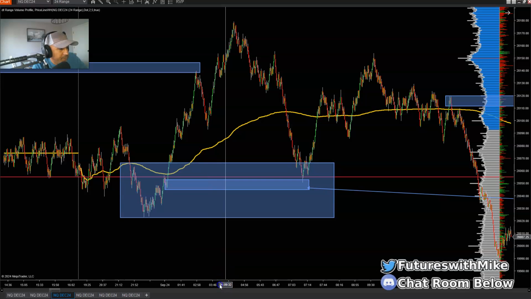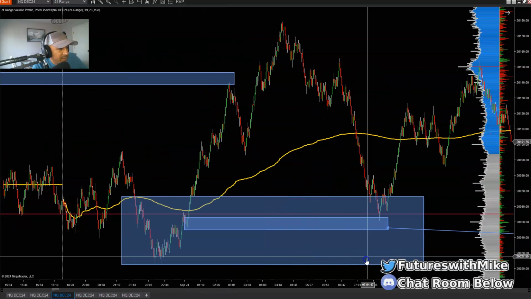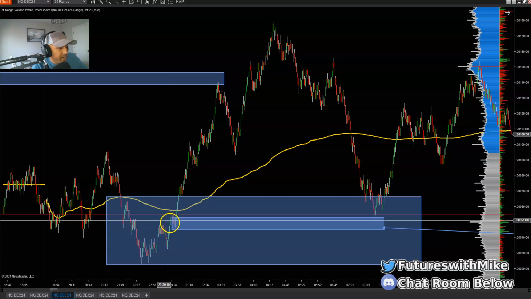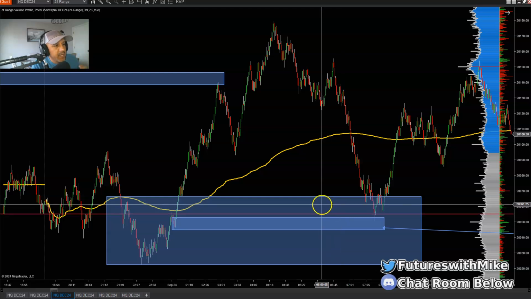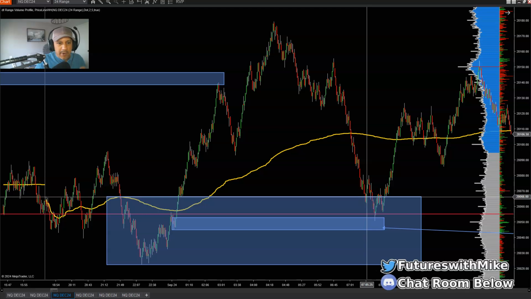So there's actually 2. Let me blow this up for anyone that's having a hard time seeing this. A zone here. So the larger box again is that 120 range, higher base chart, demand zone with the gap at it. Then we're just moving down to a lower base chart, and we're trying to redefine or just kind of zoom in so we can get into a better position, more of a precise entry point.